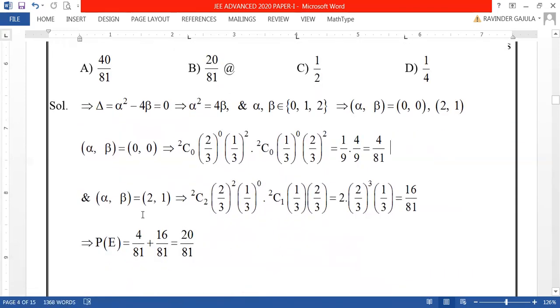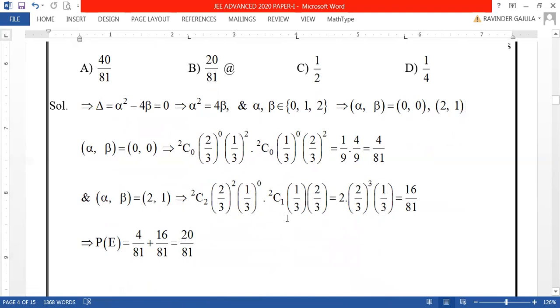Then in another case, alpha beta 2 comma 1, we have two options, the 0 0 1 case and the 2 1 1 case. So alpha beta 2 comma 1 can be taken as alpha 2 for 2 times, it is 2C2 (2/3)^2 (1/3)^0. This is 1.